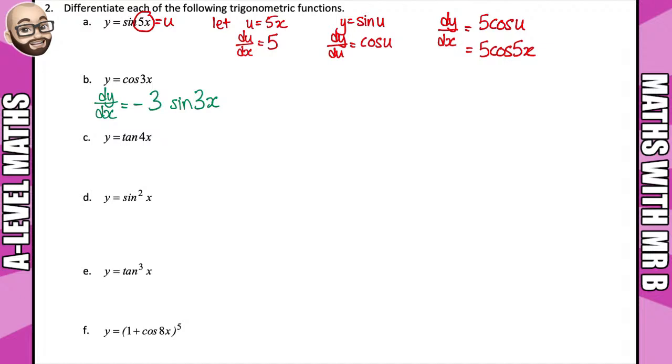So my answer for that one would be minus 3 sine 3x. For the next one, we'll do exactly the same. Tan becomes sec squared. The angle stays the same. And then we times it by the angle when it has been differentiated.